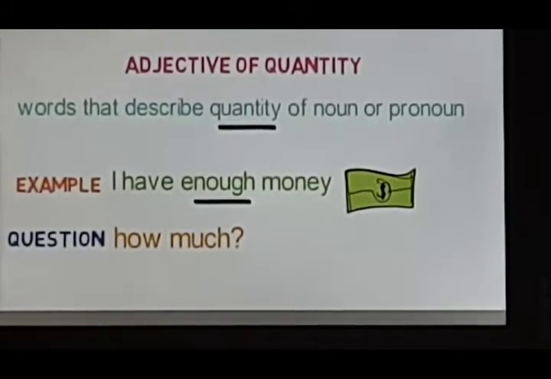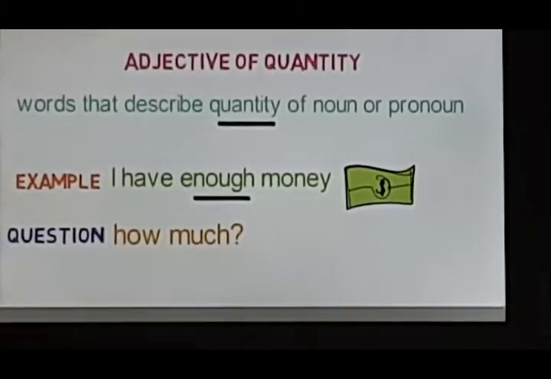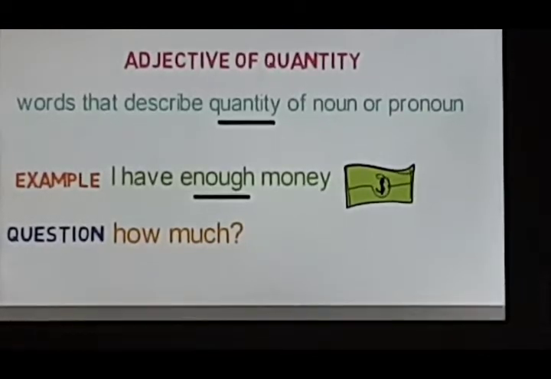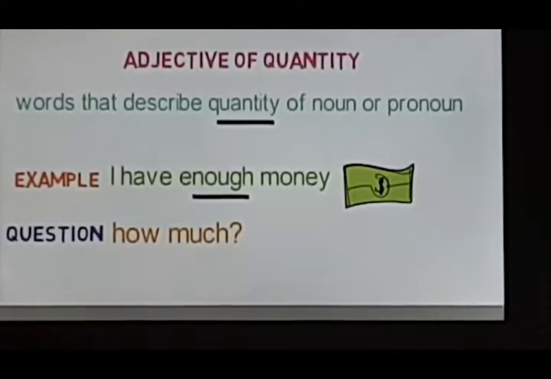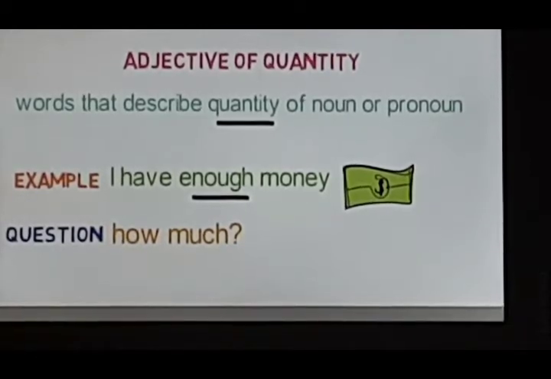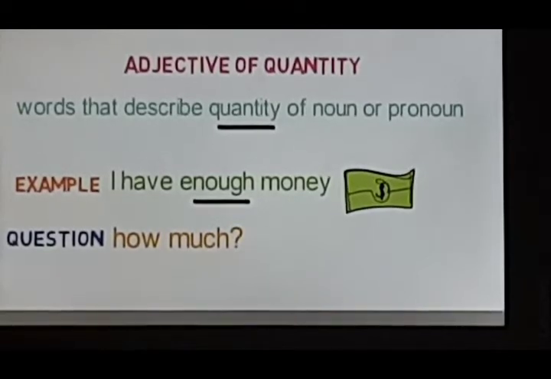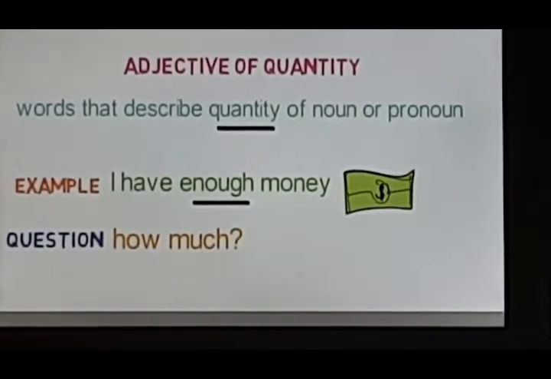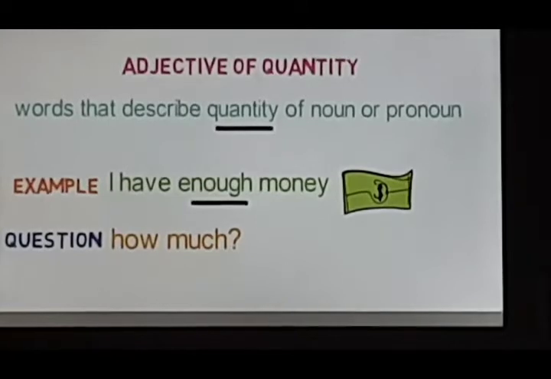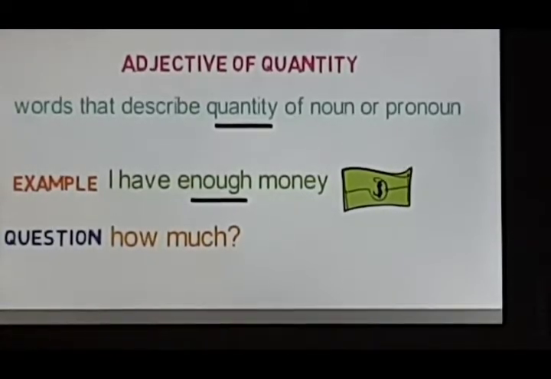Quantity is usually used for uncountable nouns, where we cannot say the number, where we cannot count the noun, but we can measure it. So they answer the question how much. So this is it. Adjective of quantity, they describe a noun or a pronoun by telling us about its quantity, or they answer the question how much.